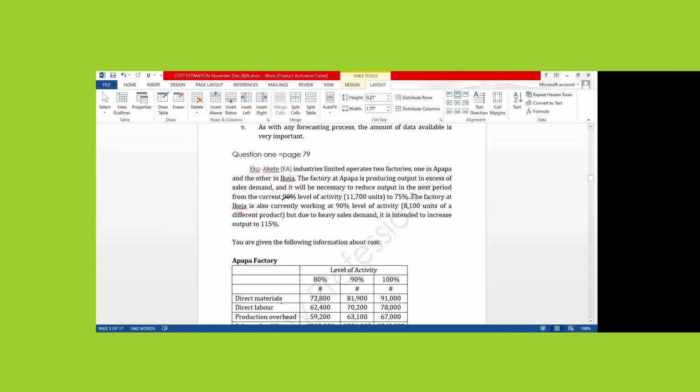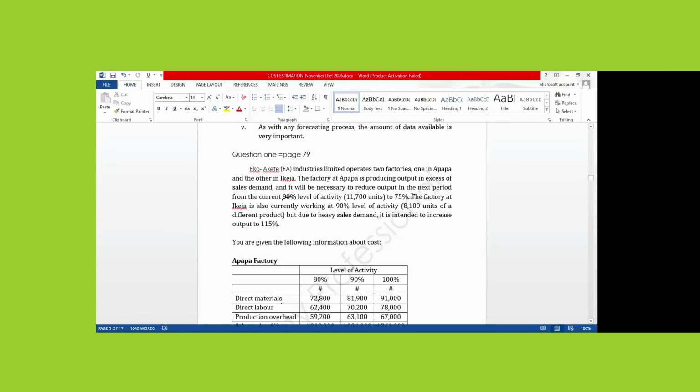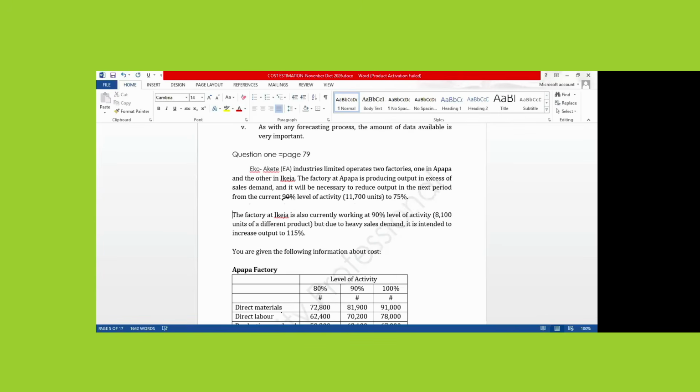The factory at Ikeja is also currently working at 90% level of activity, in brackets 8,100 units of a different product.